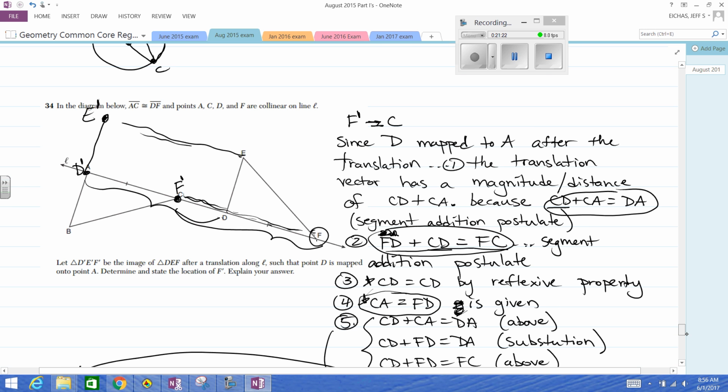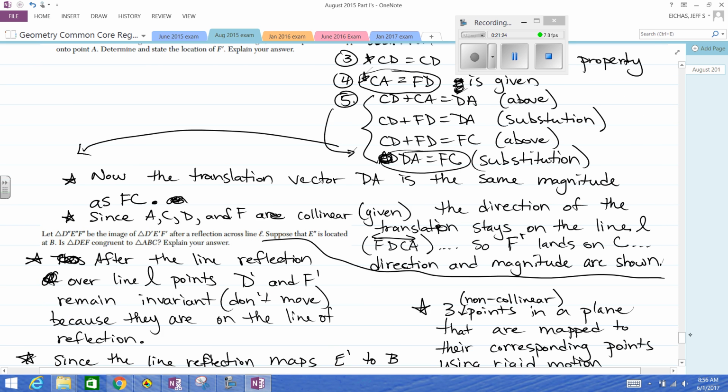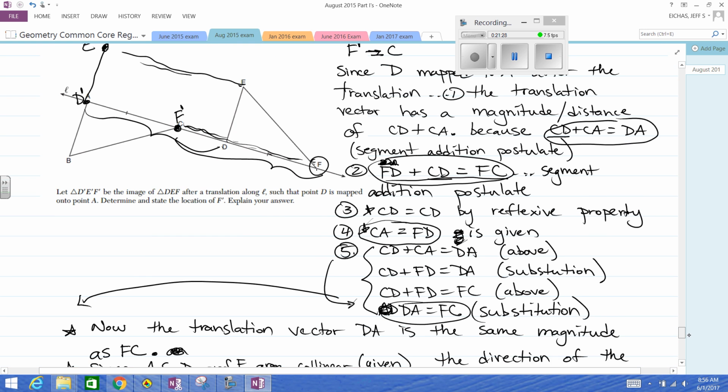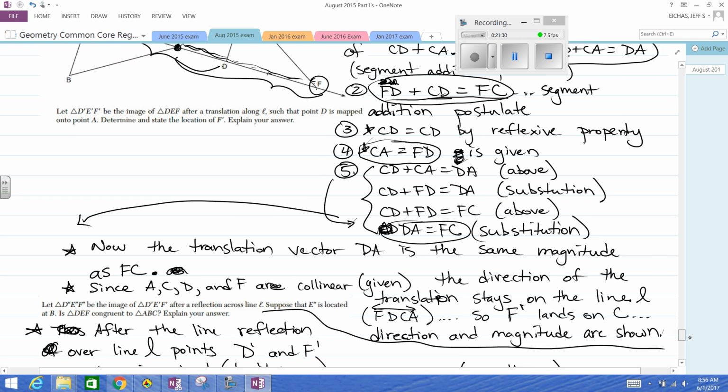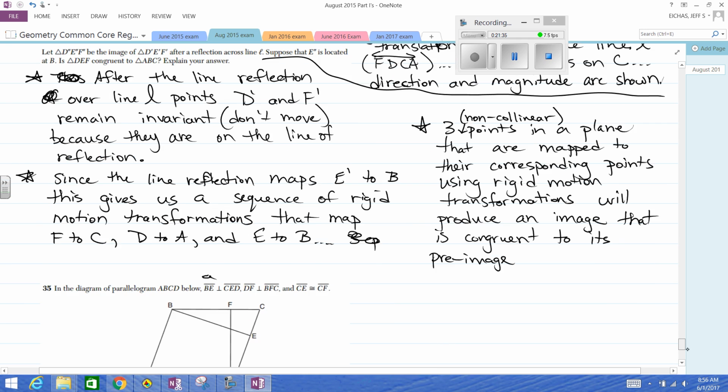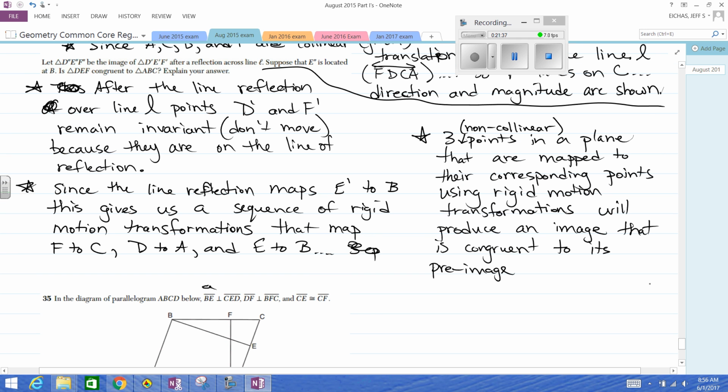So, therefore, oh, there we are. Sorry, I went too far up. What am I trying to prove again? So then, therefore, triangle DEF is going to be congruent to triangle ABC.